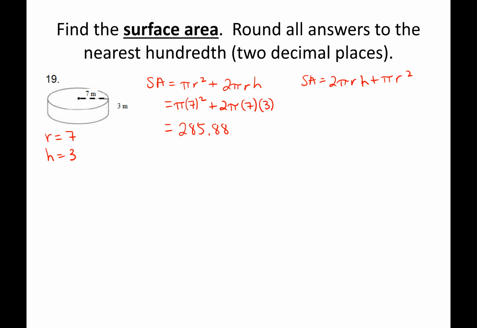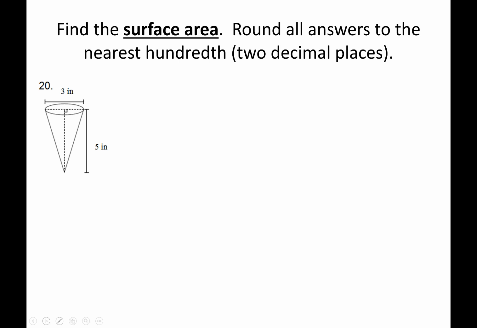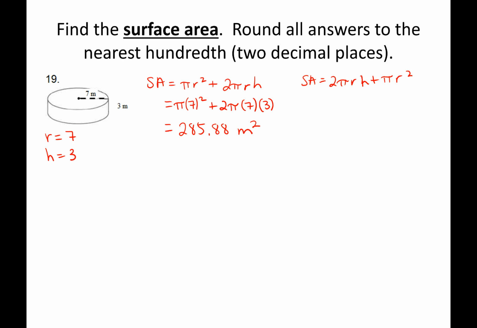So that one we have meters, so that's going to be meters squared. Alrighty, onwards. Find the surface area for a cone. We need the formula for that.